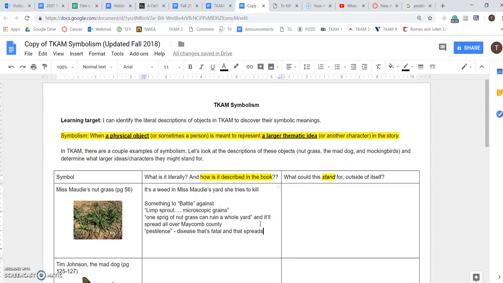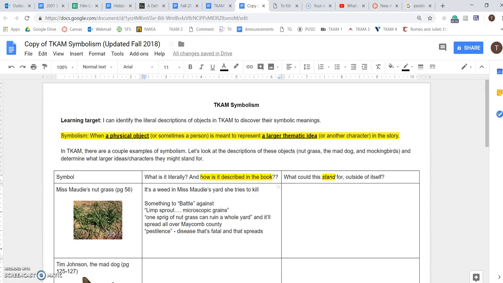Now you have to figure out, okay, that's the physical object, the nutgrass, that spreads. And it's something to battle against, and it's something that spreads all over. What could this stand for outside of itself? Right? What's the larger idea or character that it stands for? Well, there's not really a character that spreads all over Maycomb in the book.